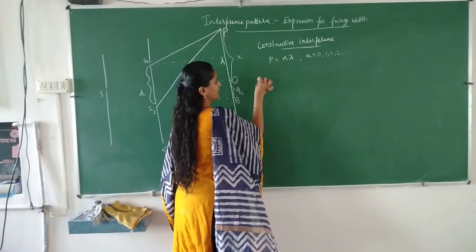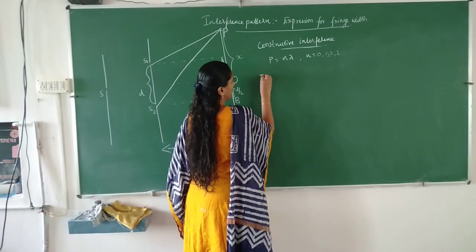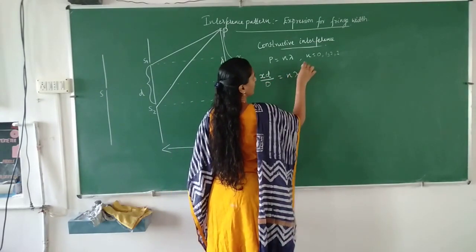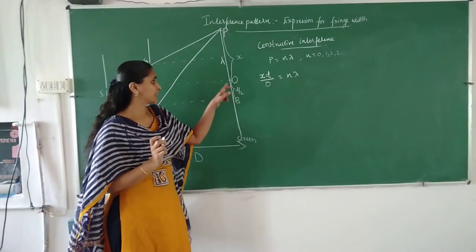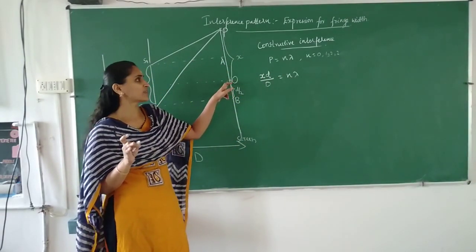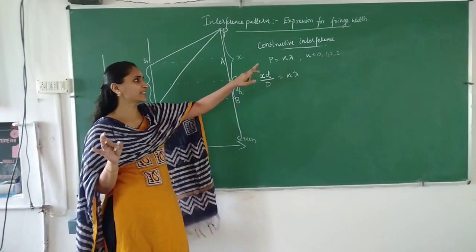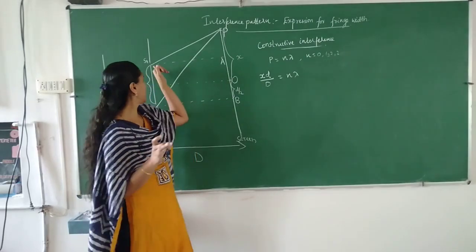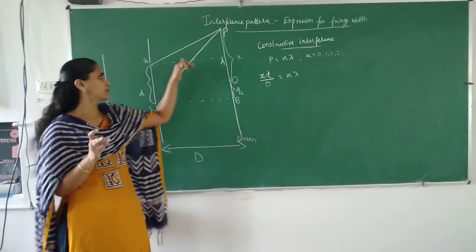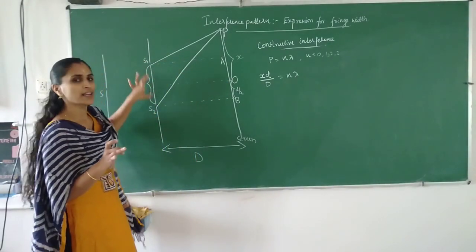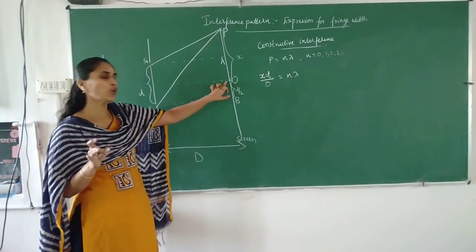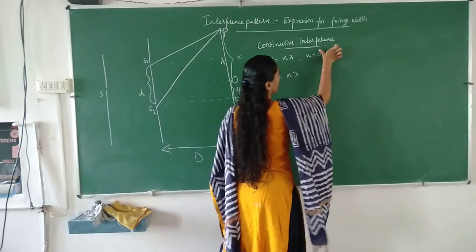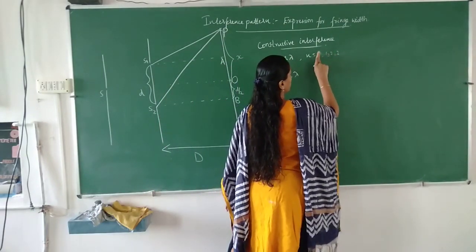So we can write xd by D is equal to n lambda. Since already we considered the central point, no doubt it will be of maximum intensity, which corresponds to n is equal to 0. In that case, both the waves from S1 and S2 are traveling equidistant to O, so that will be maximum intensity. So we can start from n is equal to 1, 2, 3 onwards.